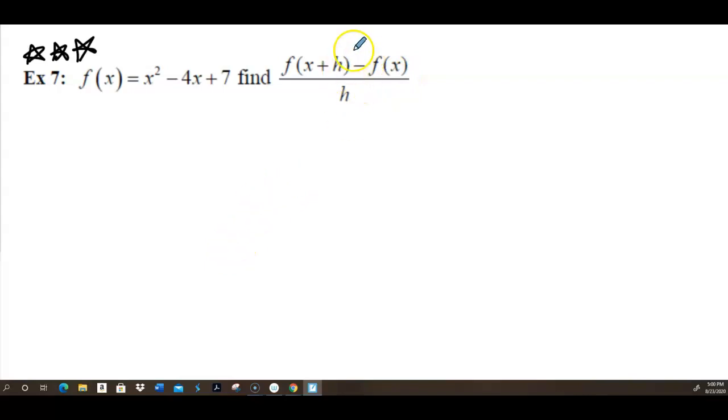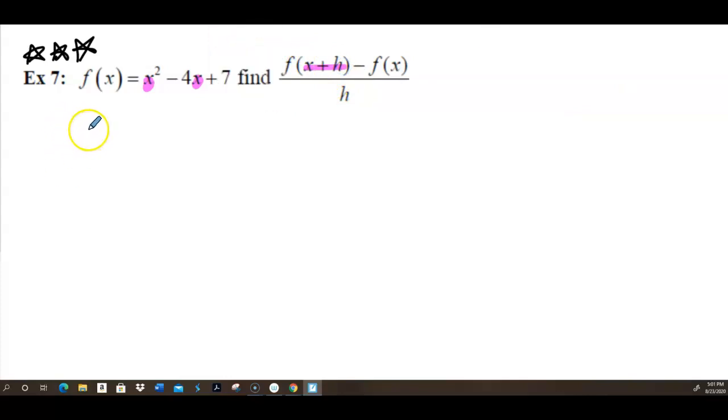So you start with f of x plus h, and how that works is you come over to function f of x, and everywhere you see an x, you're going to put in x plus h.